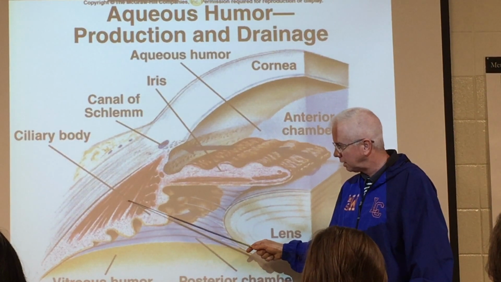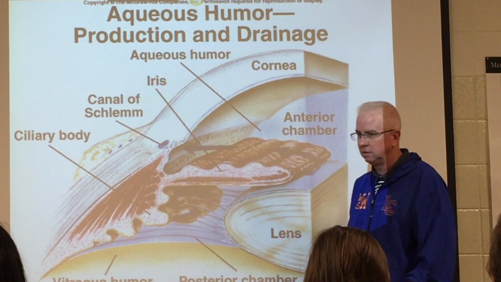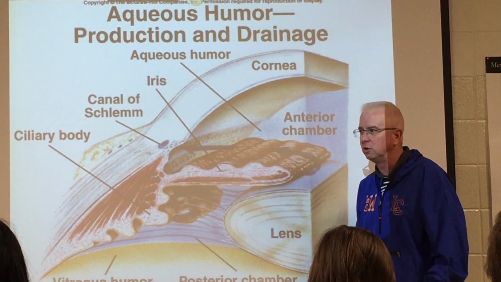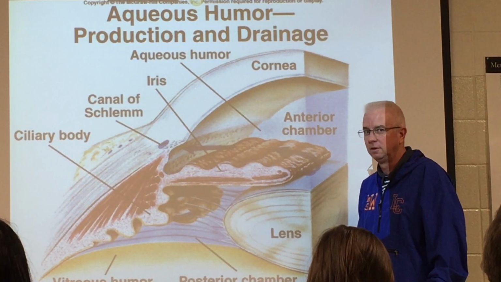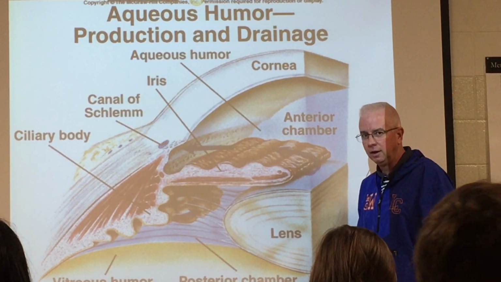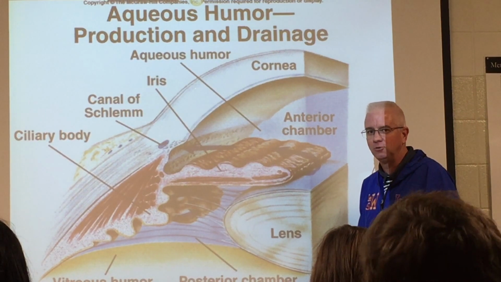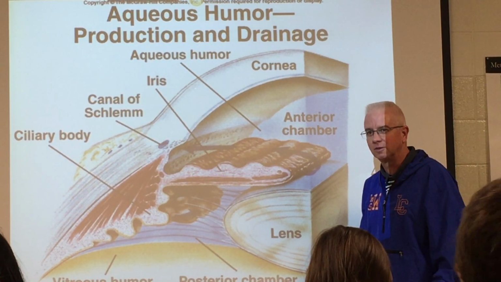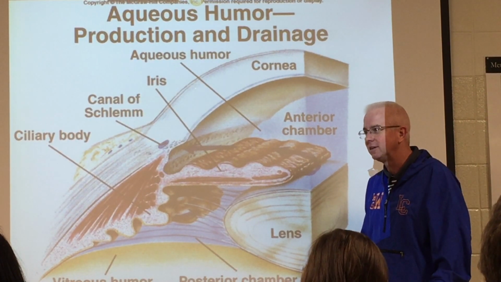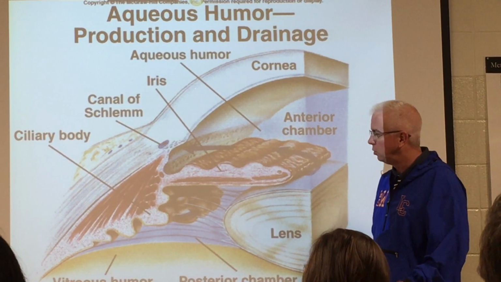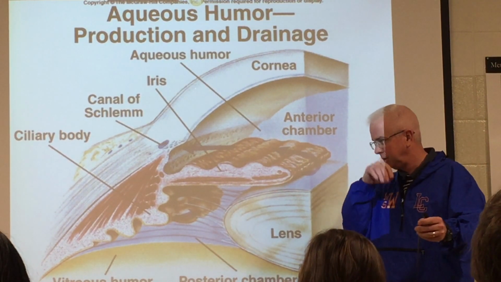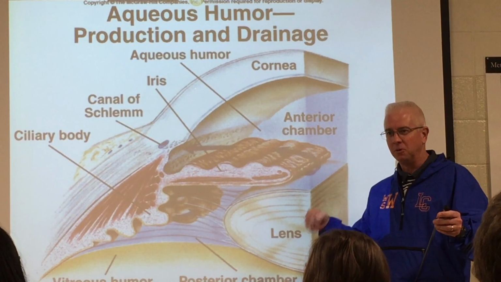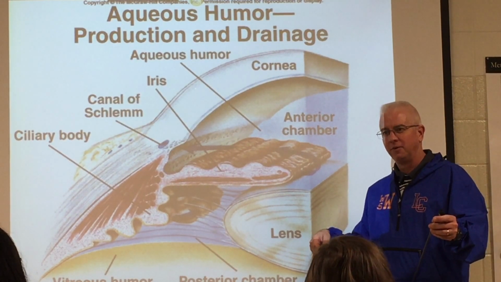Now, does that muscle right there in that ciliary process look like skeletal muscle to you or smooth muscle? It's skeletal? What does it look like? I mean, I'm not asking you to know what it is. I'm asking you what it looks like. It looks like skeletal muscle, yeah? And so we learned in anatomy the difference between single unit and multi-unit smooth muscle, right?